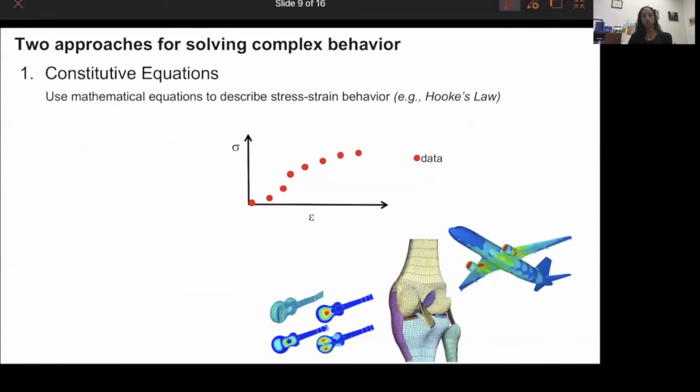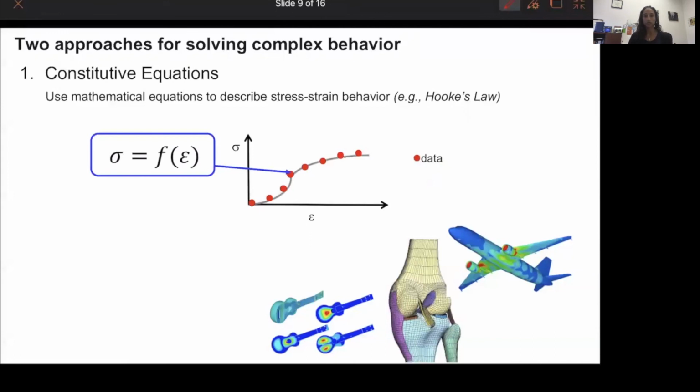So there's two approaches that are used for solving these complex behaviors that we see. We can use constitutive equations, which are essentially mathematical equations that describe these complex stress strain behaviors. An example of a simplified constitutive equation or mathematical equation would be Hooke's law, where we use that for linear elastic materials.